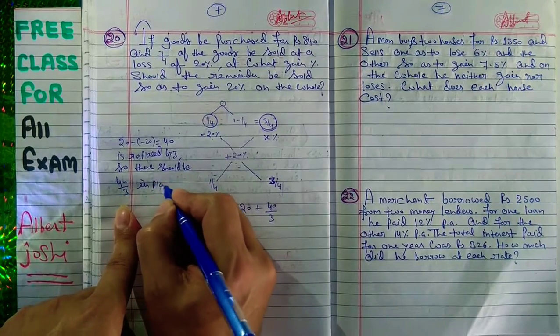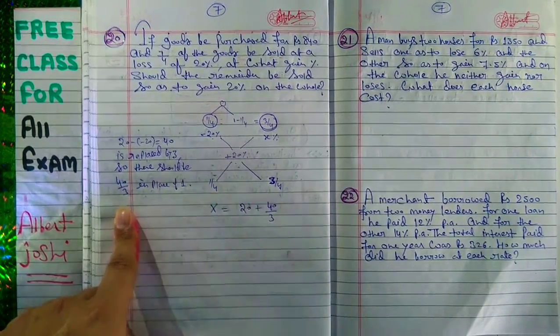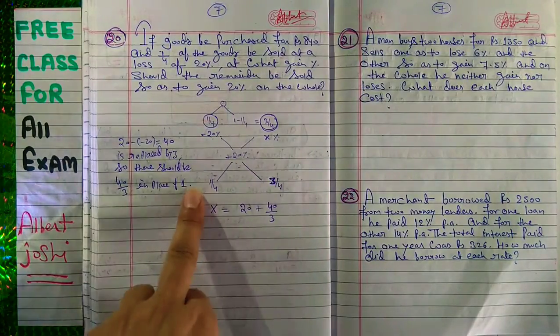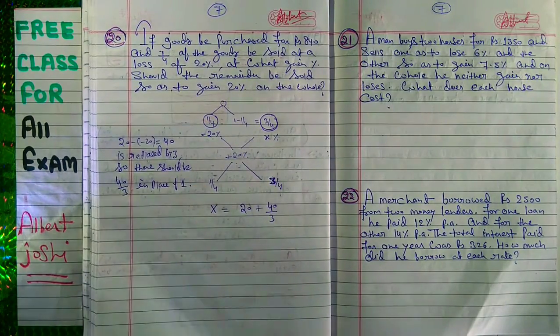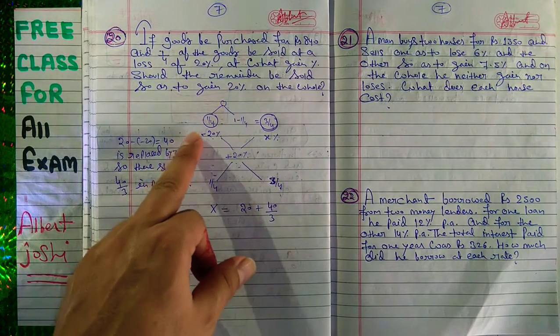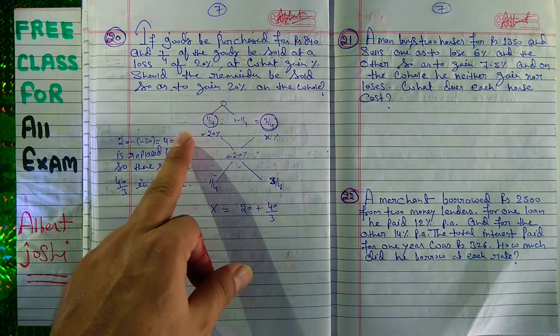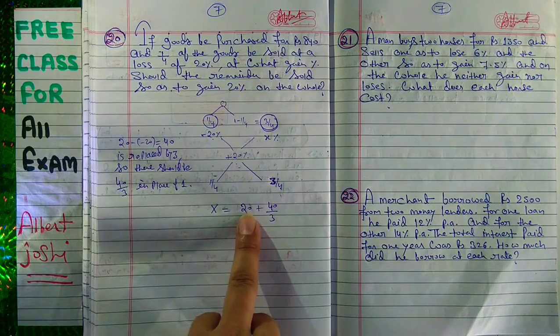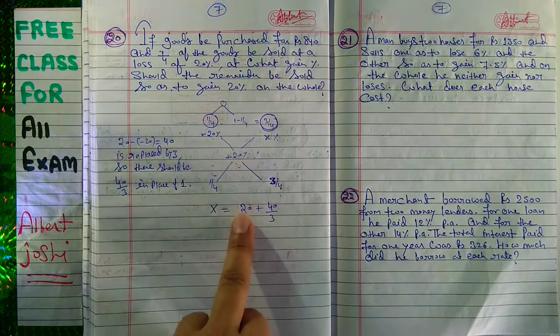In place of this we have written this. So your overall is 20.